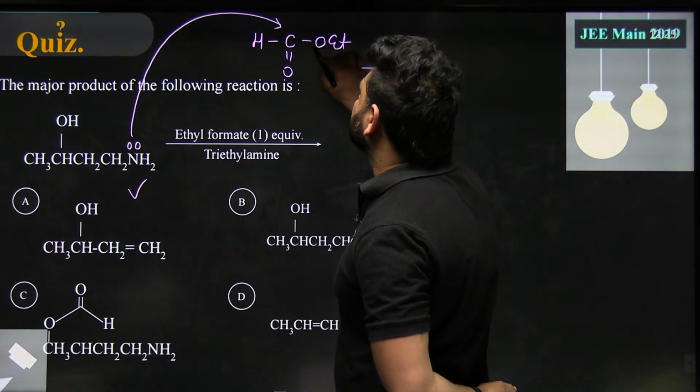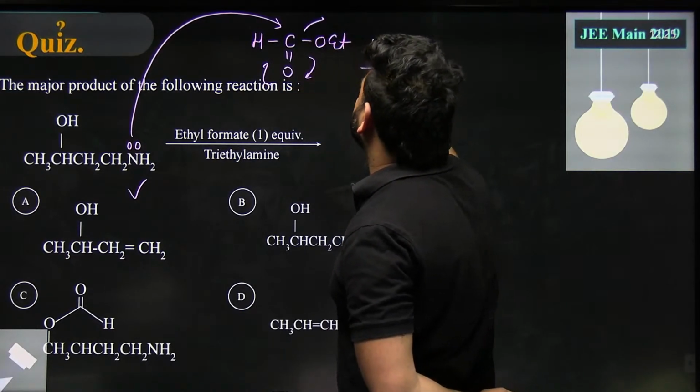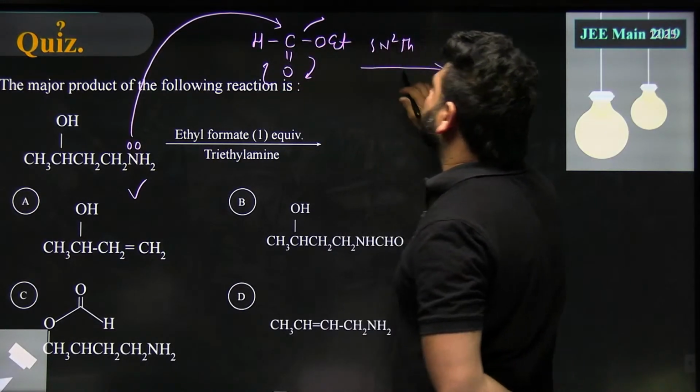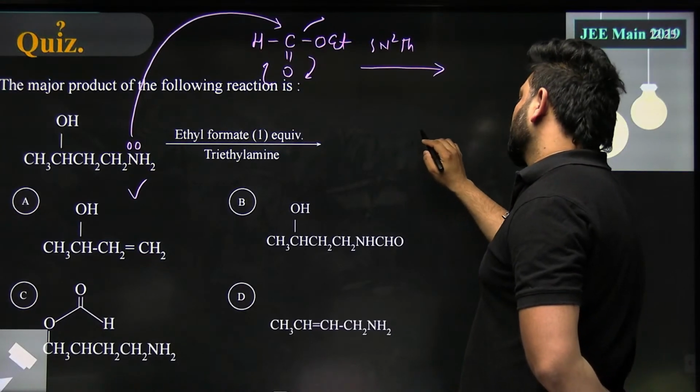In the first reaction it will be an SN2 reaction, and this will be eliminated out. The product formed will be in terms of OEt.